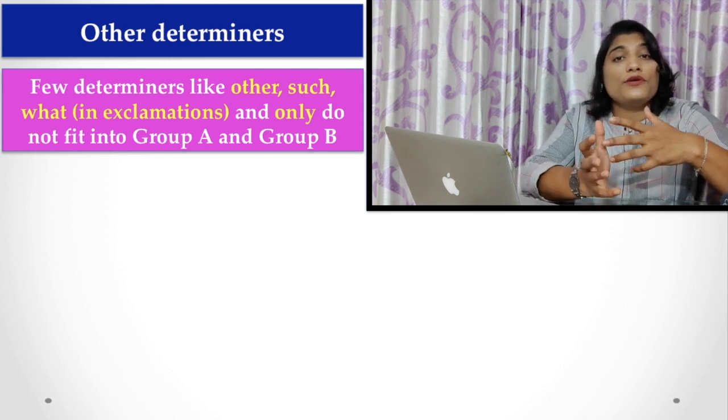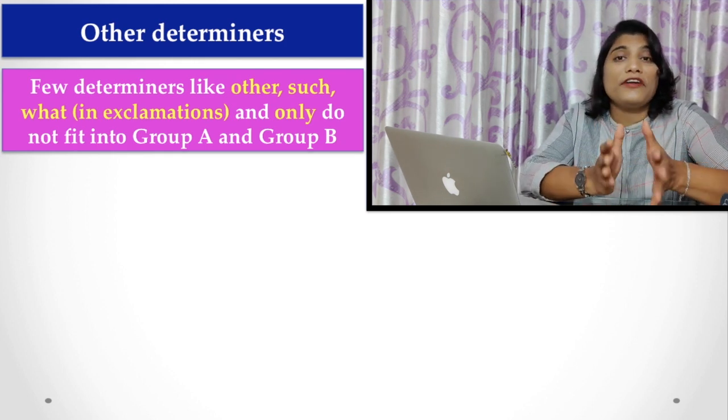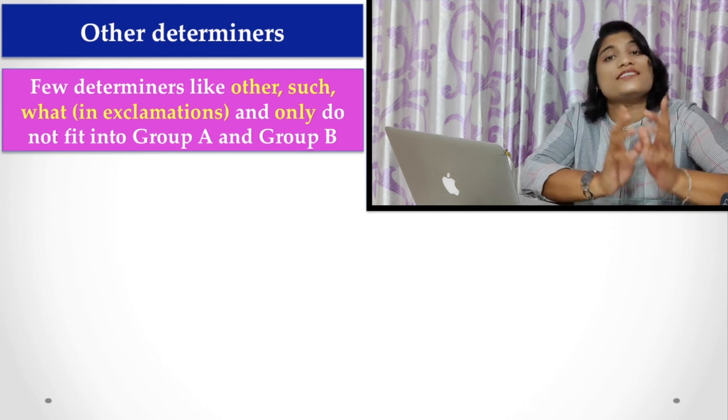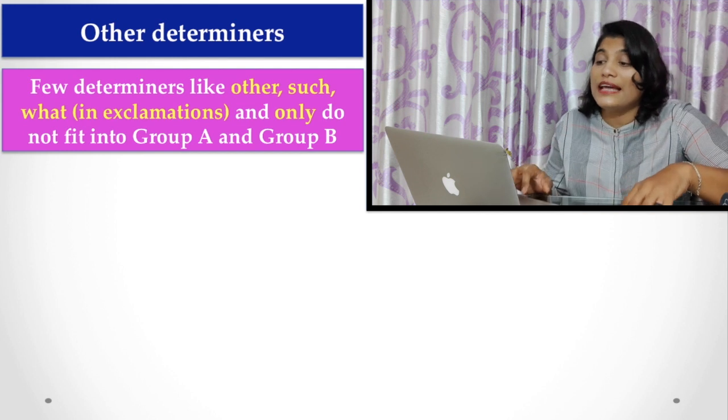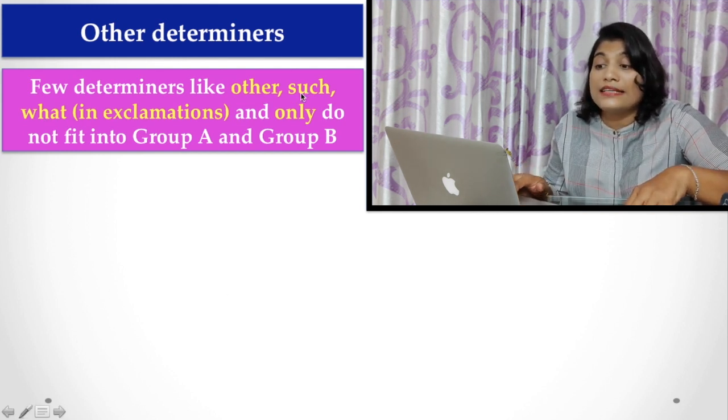Now, other determiners. What are the other determiners? There are a few determiners that do not fit in these two groups, group A and group B. What are those determiners? Other, such, what in exclamation, and only do not fit into these two groups.